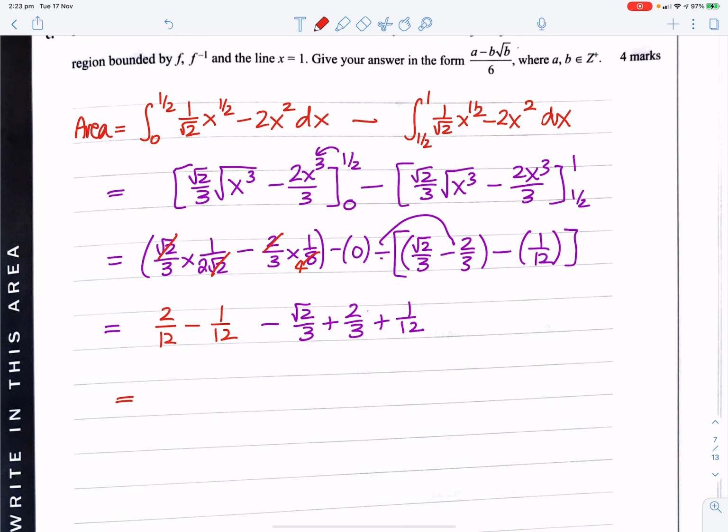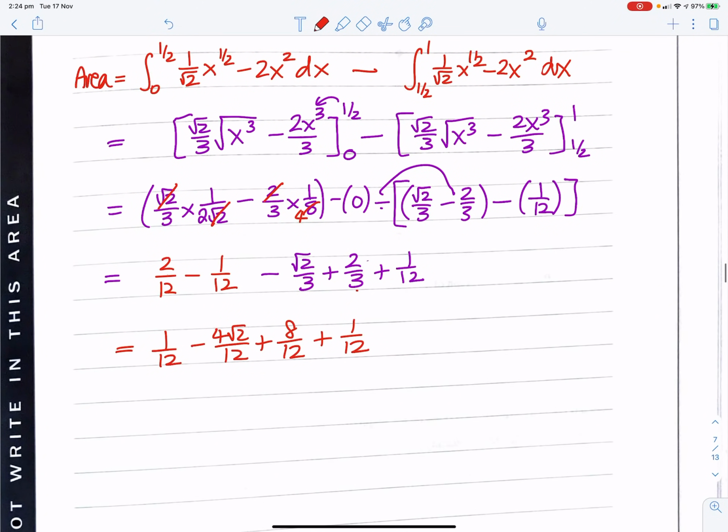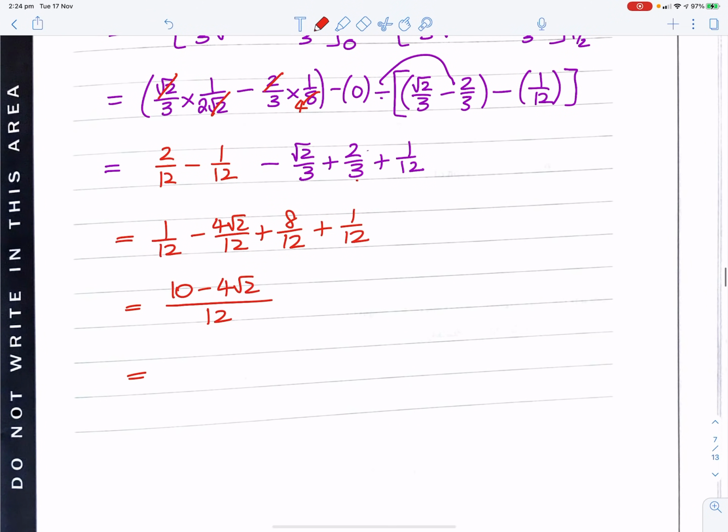I know the first bit is 1 on 12. I've got minus 4 root 2 on 12. If I put that on 12, it becomes 8 on 12 plus 1 on 12. So we get 10 minus 4 root 2 on 12. We can take out a common factor of 2 on top and cancel it with the bottom.